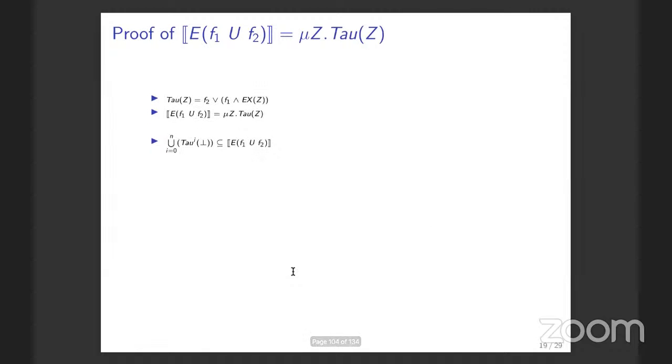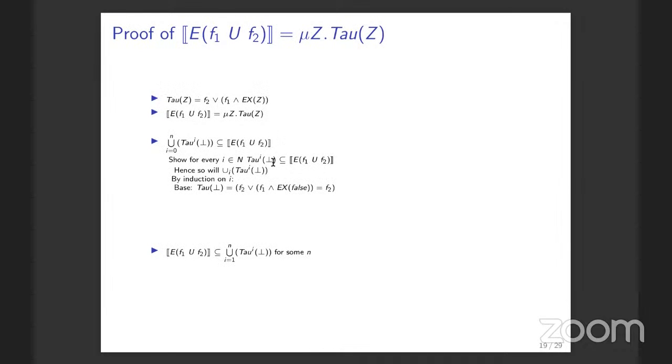Okay, so the other part is kind of easier. What you have to show is that for every i in n, the number of iterations that you take, tau i of bottom, when it terminates, is part of that. So you have to show that for every i, tau i of bottom false is included in that. So once again, induction on the length of the tau chain.